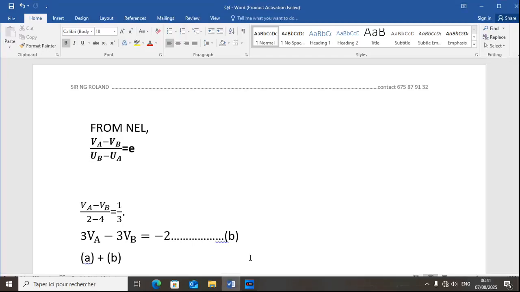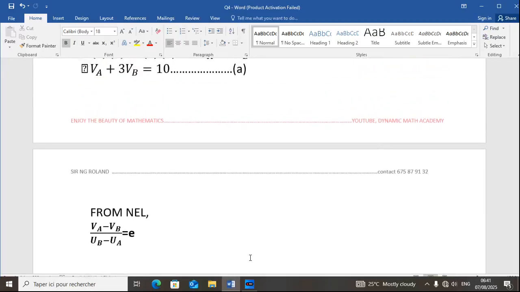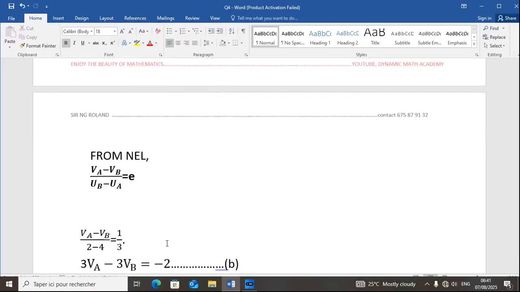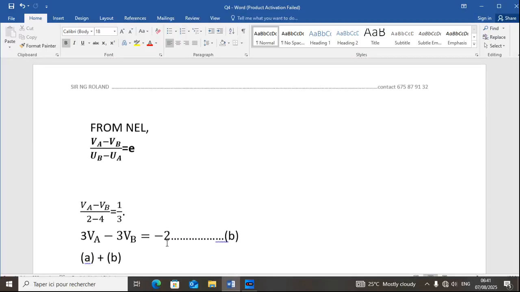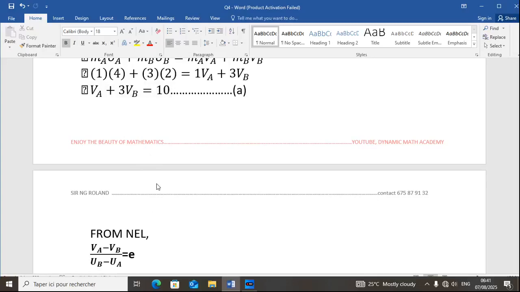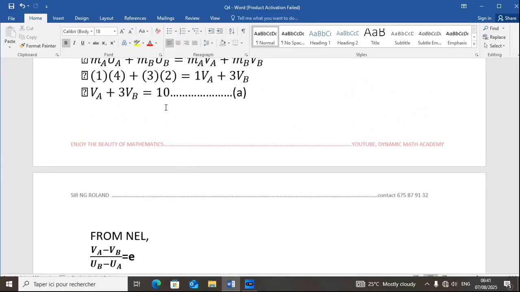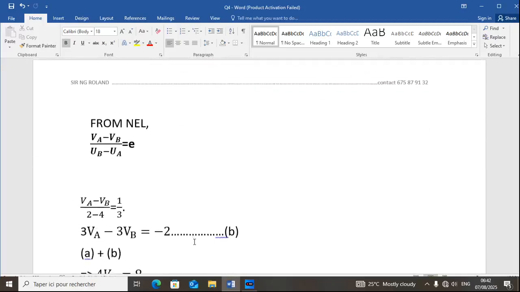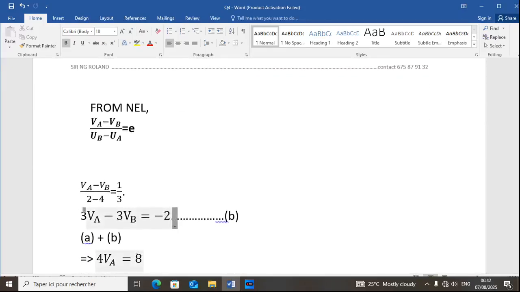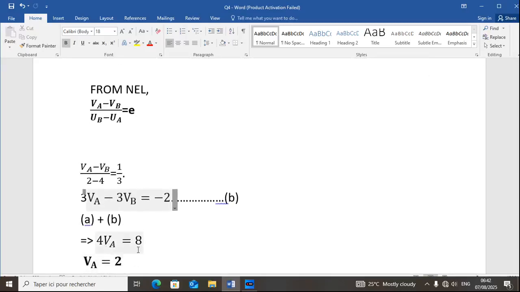Adding equation A and equation B, we are going to have VA plus 3VA, which is 4VA. Then 3VB plus a negative 3VB is actually 0. Then 10 plus minus 2, we are going to have 8. And from there, you are going to have VA equal to 8 divided by 4, that's 2.